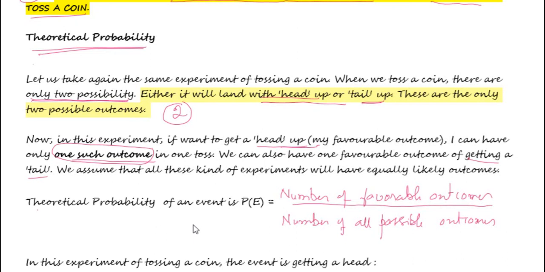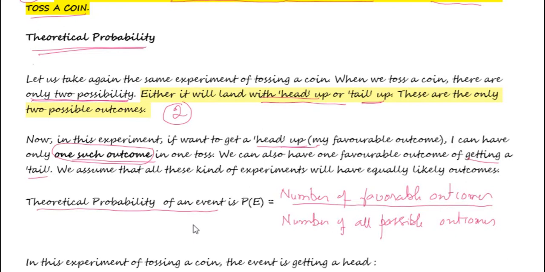Now in such a case, the theoretical probability of an event, here when I say my favorable outcome is head up, then that is an event, is the number of favorable outcomes divided by number of possible outcomes.